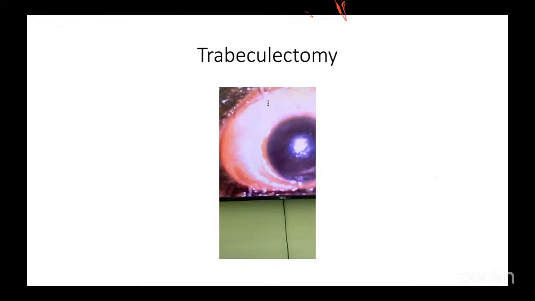There are also several ways of applying our sponge for MMC or 5FU. Some will even pass a suture through those sponges so that they just pull out the suture. It's like a form of necklace. So that is also one way of applying our MMC sponges.